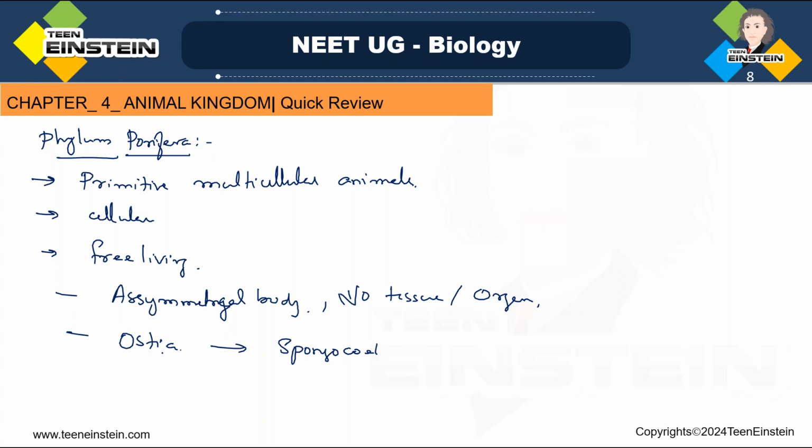These ostia lead into the spongocoel through canals. And this spongocoel opens outside by one or two large excurrent pores. The spongocoel opens outside through oscula.